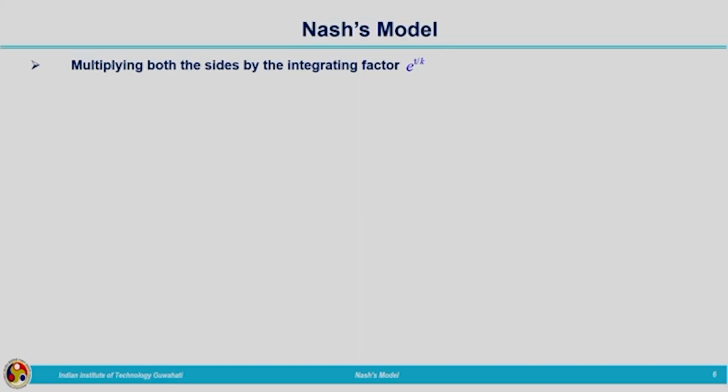So, what we will be doing? We will multiply both sides of the equation by the integrating factor e to the power of t by K. Then the equation takes the form like this. We multiplied both sides with e to the power of t by K for getting the solution easily. Looking at the left hand side, it is e raised to t by K dQ by dt plus 1 by K e raised to t by K Q of t.